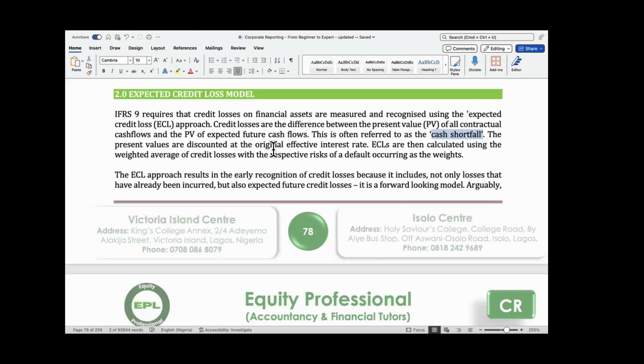Okay, so how do we then do it? I will explain that to you very soon. But before I explain that to you, this ECL model, we usually shorten this expected credit loss. We call it ECL. You see, this ECL, there are two types of it.